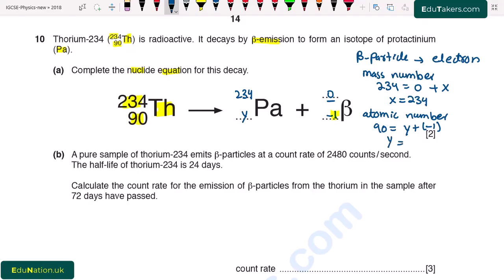So the value of y will be 90 plus 1, that is 91. By seeing this nuclear equation, we can say that the atomic number is increased by 1 while the mass number remains the same, that is 234. So it is a complete nuclear equation for the decay of thorium into protactinium with the emission of a beta particle.